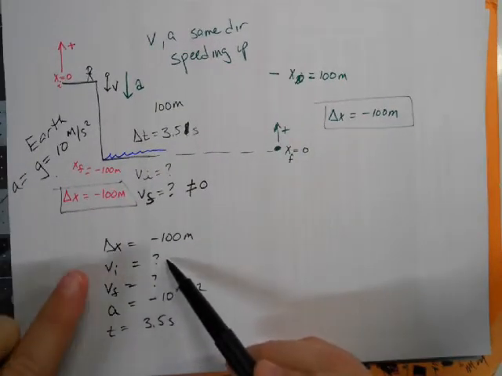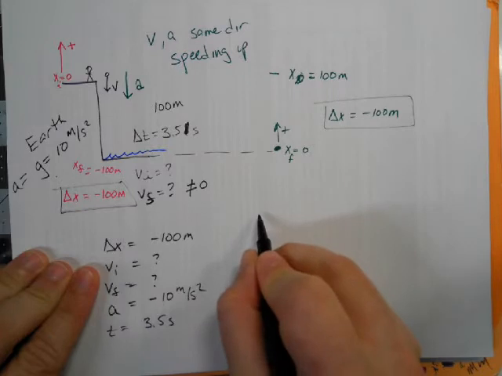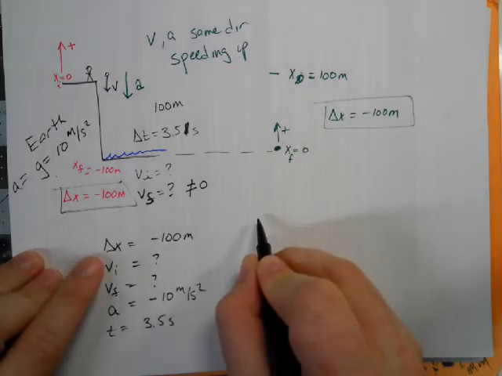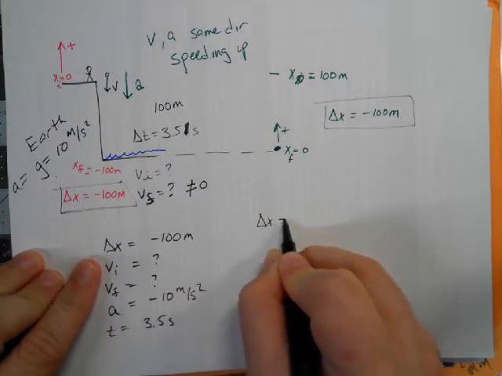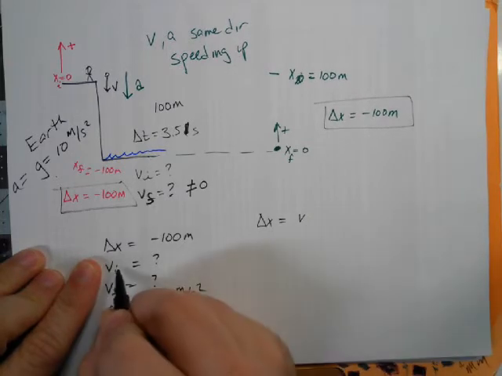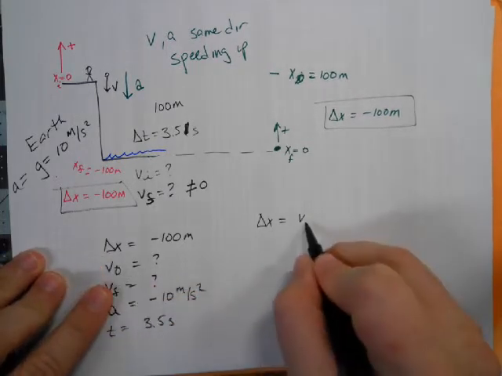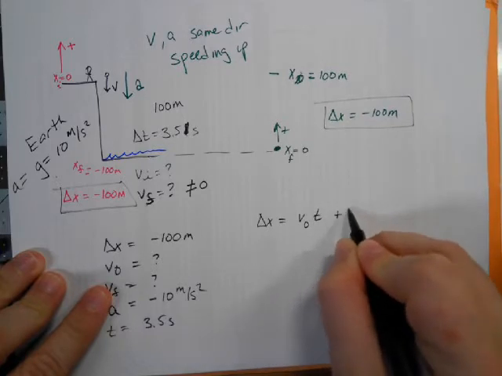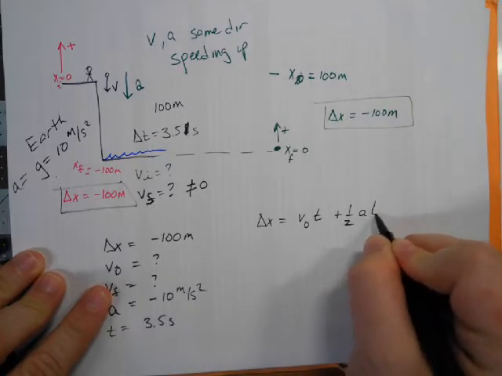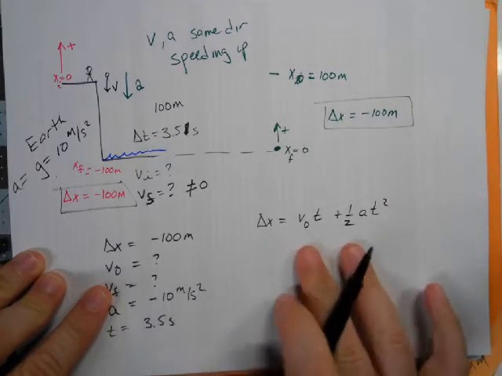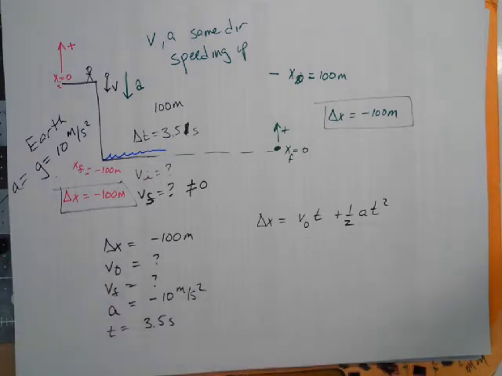And so if we want to get v initial, what we want to work with is the position equation of motion. Delta x is, I should keep marking these consistently, v initial t plus 1/2 a t squared. And then we can solve this. So at any point that you feel comfortable plugging in the numbers, you can do it.